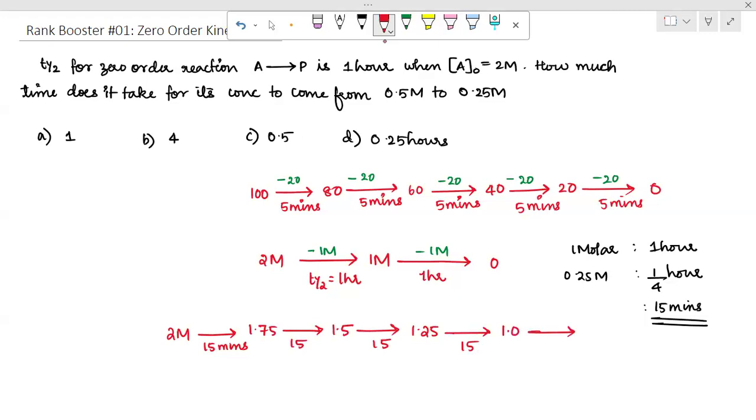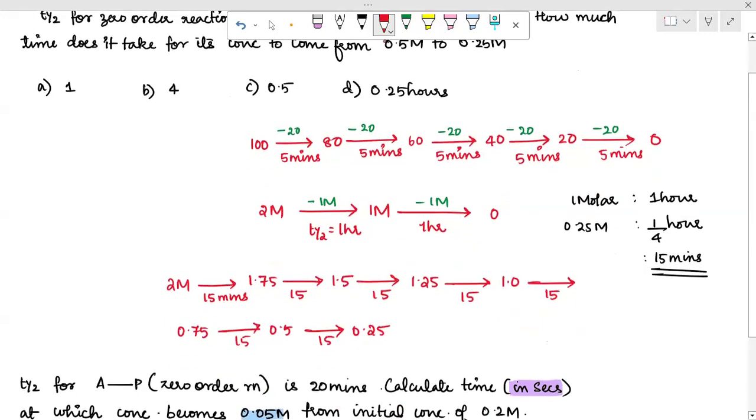Moving on, the next 15, 0.75. In the next 15, it becomes 0.5. And in the last 15, which is what is required, it becomes 0.25. So the question is the time required for the reduction of the concentration from 0.5 to 0.25, and the correct answer is 15 minutes, which is option D.